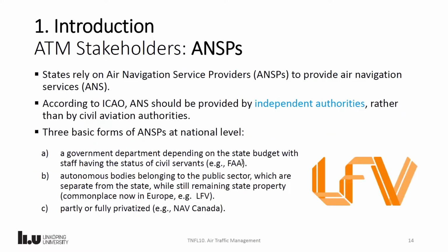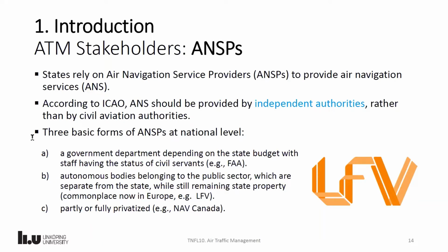So let's have a look at air navigation service providers. What they do is, of course, they provide air navigation services, and according to ICAO they should be provided by independent authorities. So it's better that these air navigation service providers are independent of states, but that's not always the case.